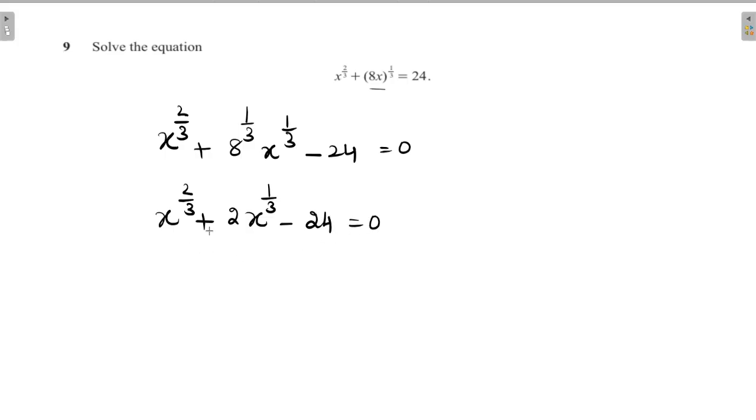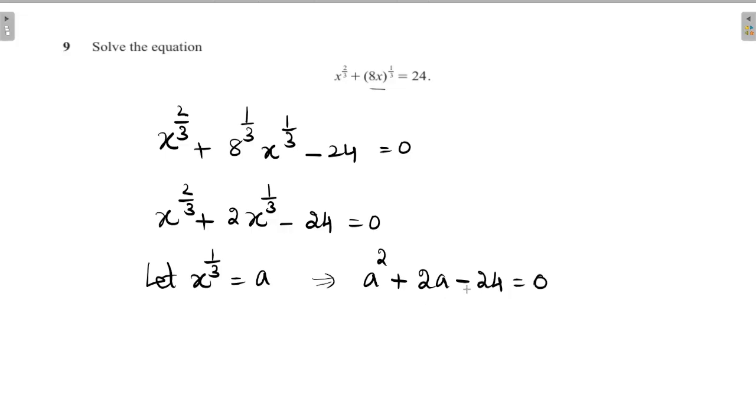Let us substitute x^(1/3) equal to a. So this equation becomes a² + 2a − 24 = 0.